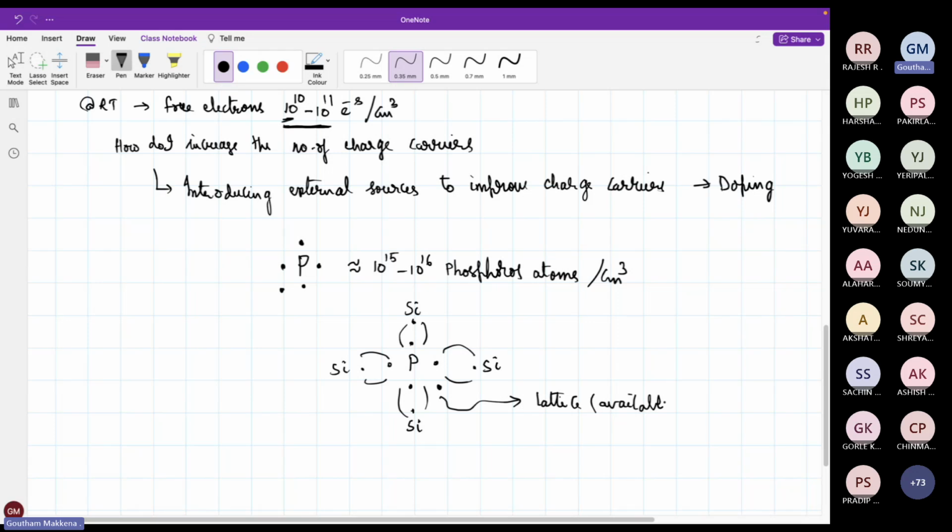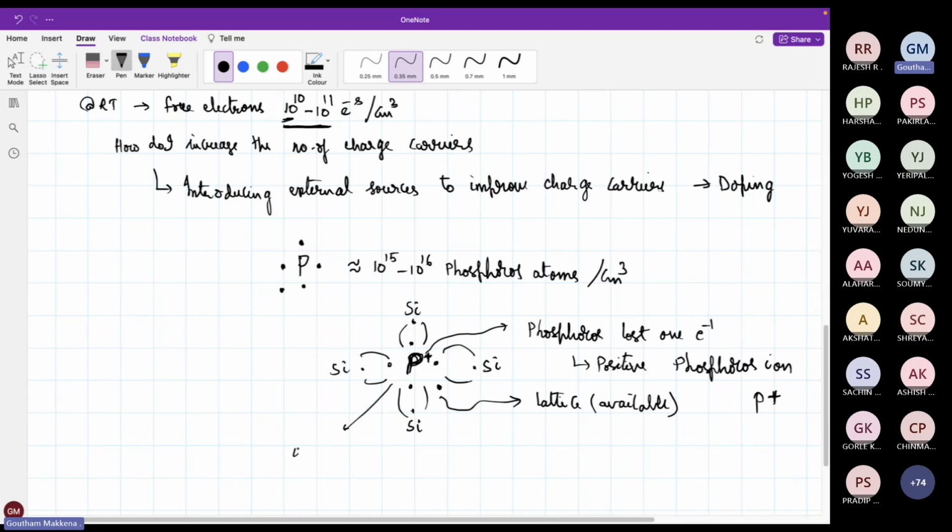Since this phosphorus lost 1 electron, what is the net charge on this? It lost 1 electron, so it is positively charged. So it becomes a phosphorus ion, which is nothing but P plus.